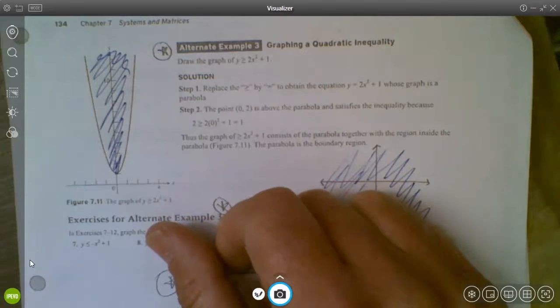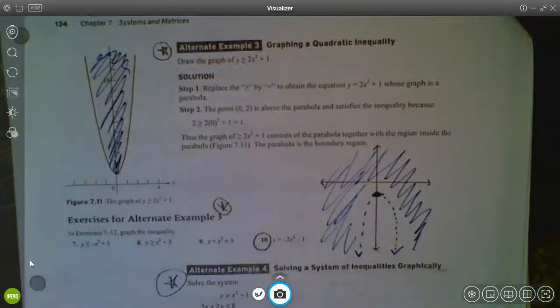Do keep in mind something we addressed at the very beginning of the year when we did all these transformations and talked about vertical stretches and shrinks and horizontal stretches and shrinks. Remember that a vertical stretch is really the same thing as a horizontal compression.